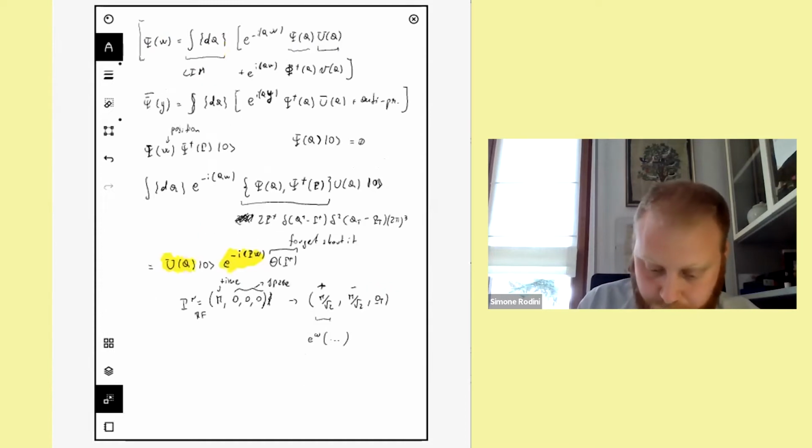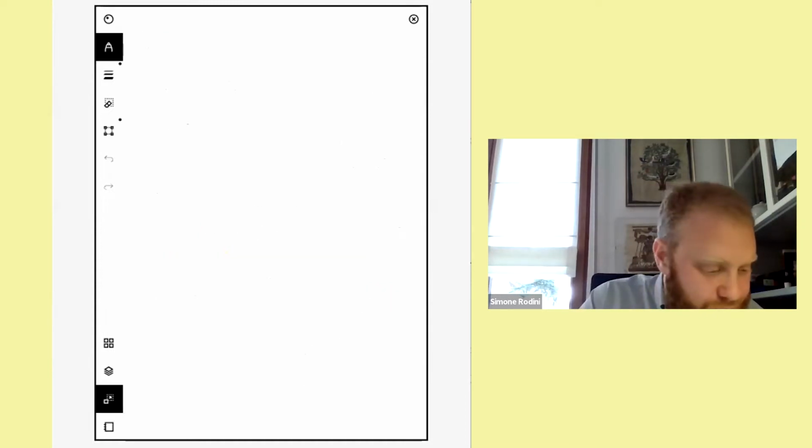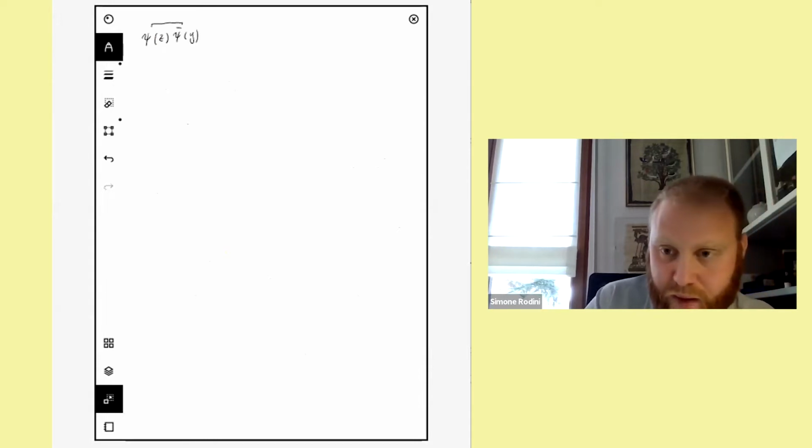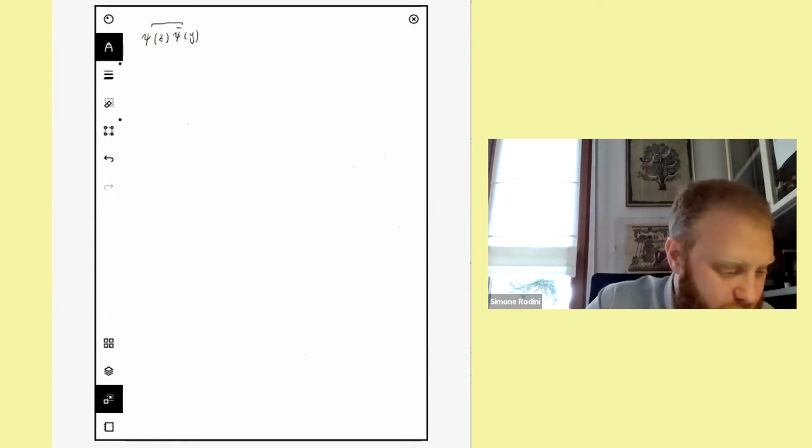Okay, so once you do that, you remember that you can write ψ(z) ψ̄(y). This is just random letters, so if I use different conventions, I'm sorry, but this is the Feynman propagator for the Dirac field. It depends only on the difference, you know that.